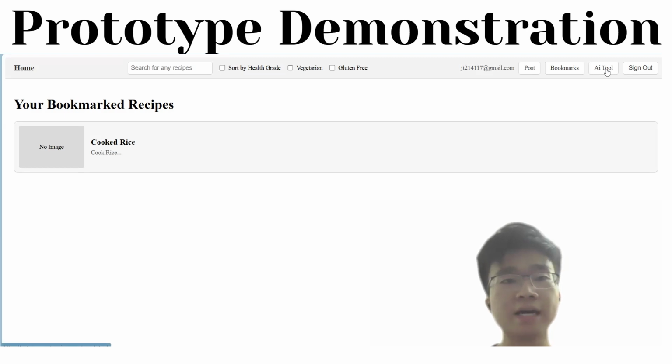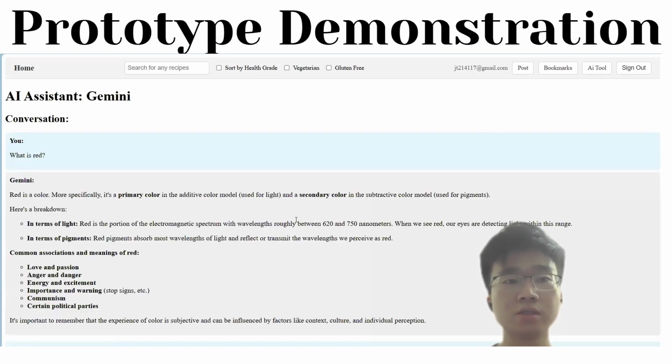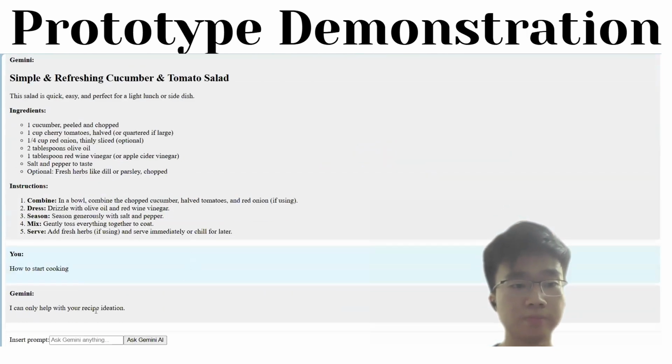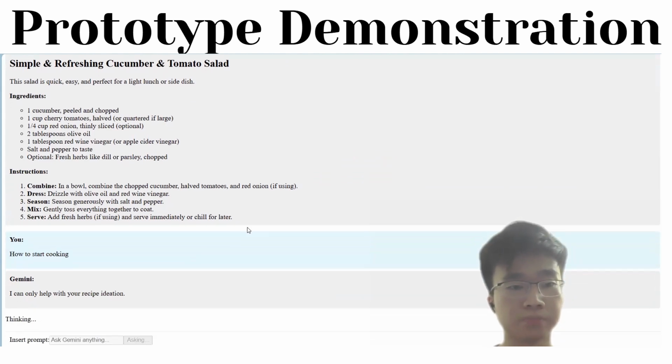I can now also go to the AI tool. The AI used is the Gemini AI model from Google. Now I can try to ask it a prompt. It's currently thinking.